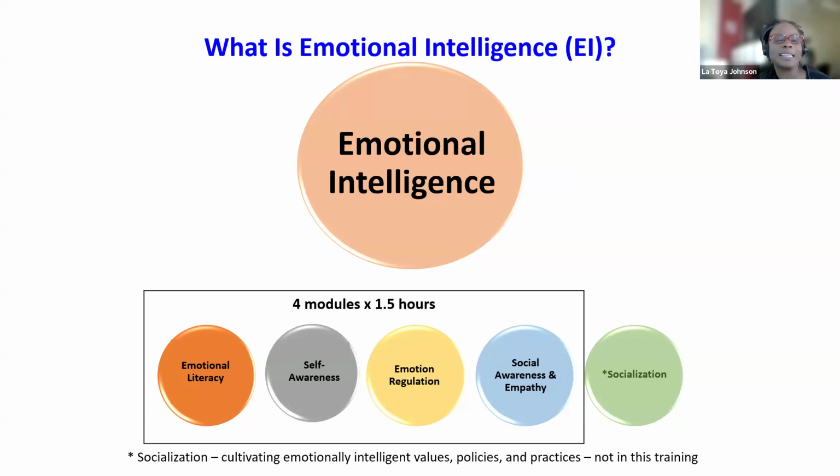The reason why these first four are boxed is because these are what we're going to be reviewing in the training. We're not going to touch so much on socialization, which is cultivating emotional intelligence through values, policy, and practice. So that will not be in this training. You can move on to the next slide.